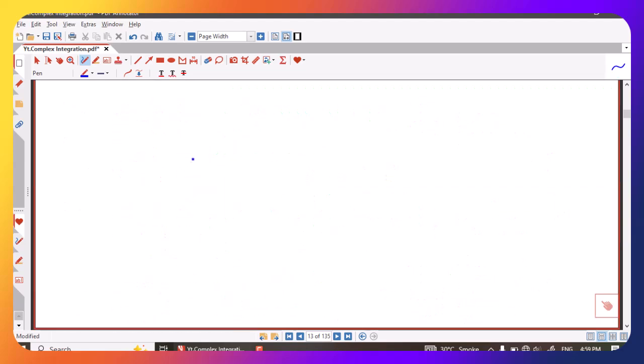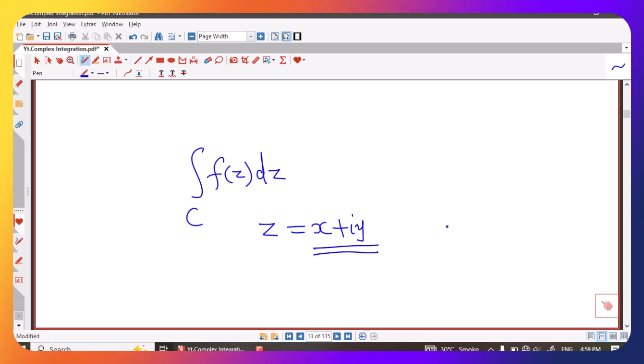But the main idea is we are evaluating complex line integrals or contour integrals, and what we are doing, we are converting our variable z from two variables to only one variable, either in terms of x or in terms of y, or we are using parameter t, and after that we are converting dz in terms of either dx or dy or dt.